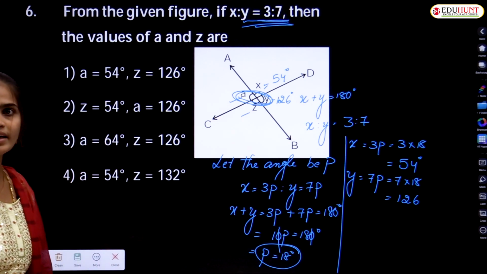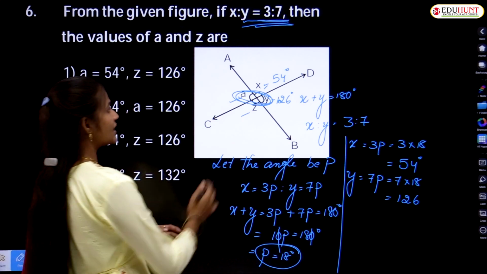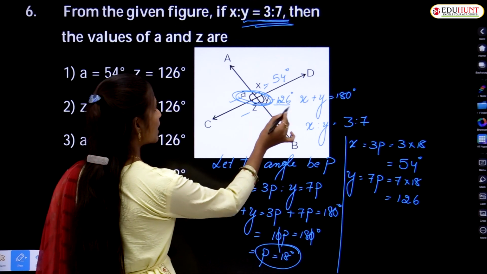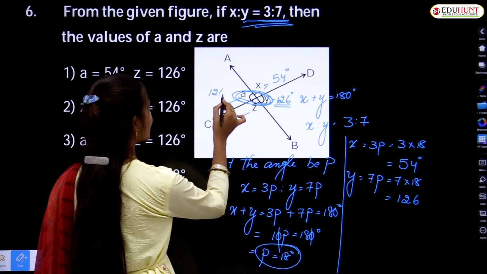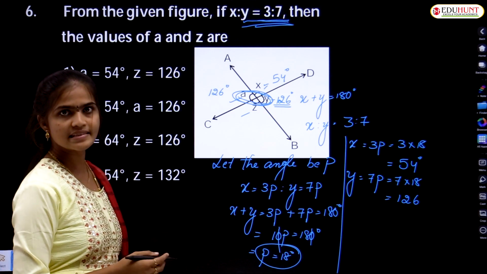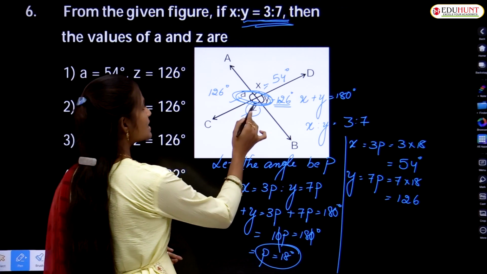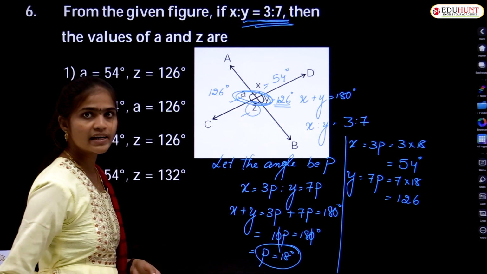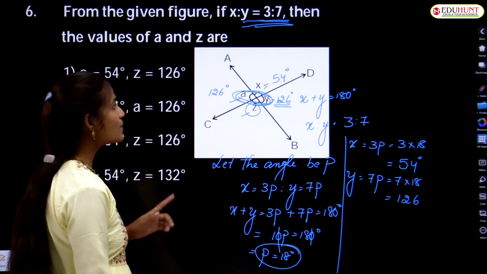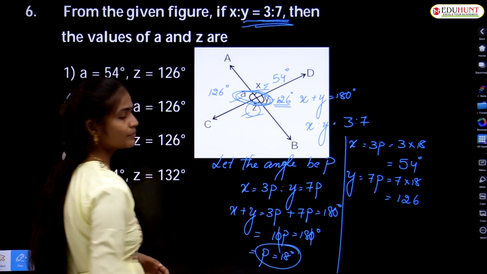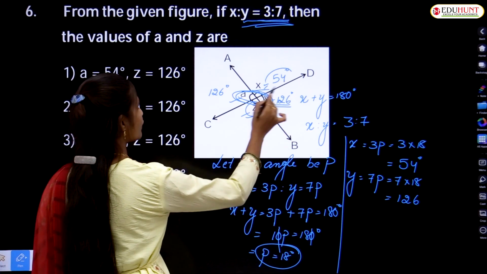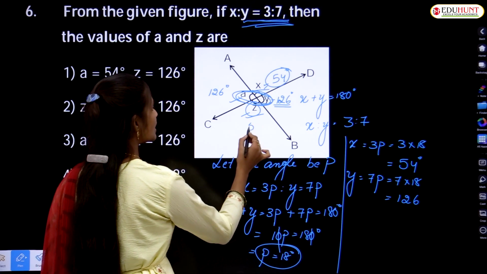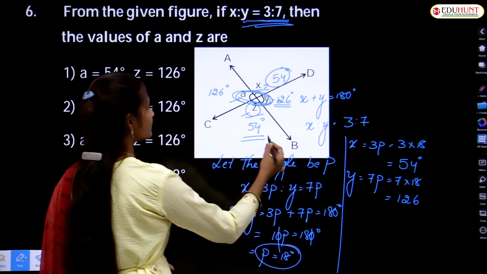A and y are vertically opposite angles. So y is equal to 126, that's why A is also equal to 126 degrees. Next, what about z? Here x and z are also vertically opposite angles, no? That's why x is equal to z. Okay, so x is equal to 54 degrees, so z is also equal to 54 degrees.